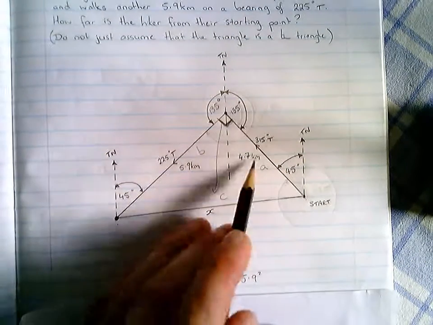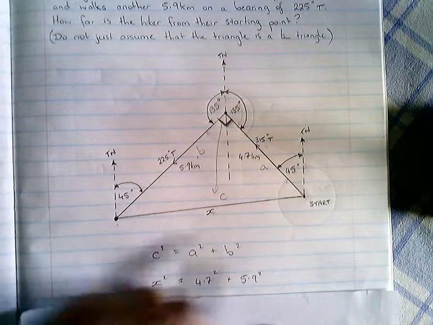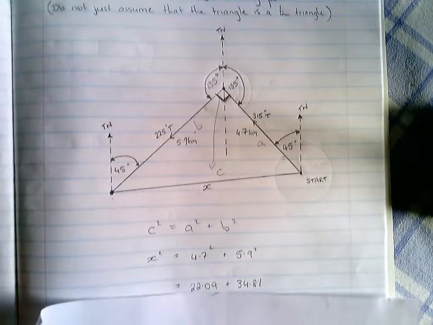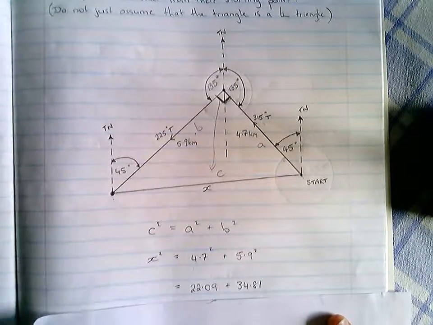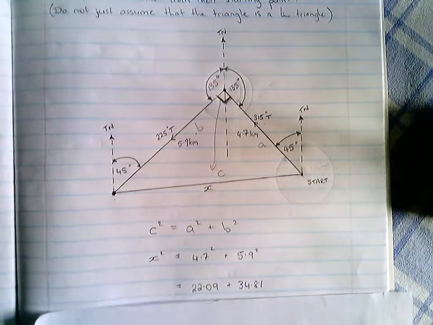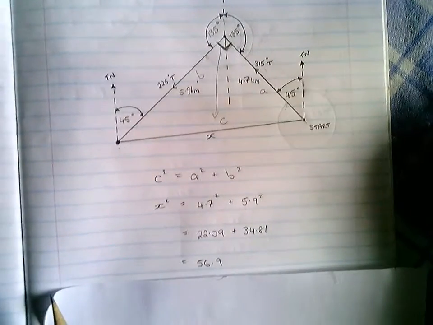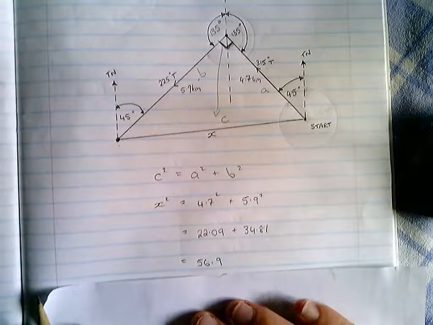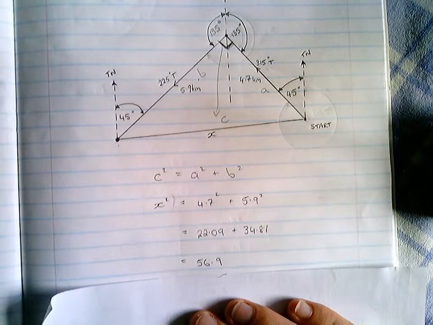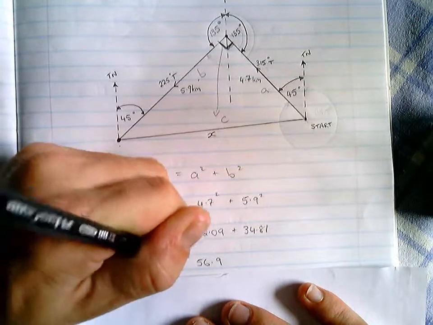So substituting in for a and substituting in for b into Pythagoras' theorem, we get this, and then expanding what we have on the right hand side, we get these two values, which we then need to add together, giving us a value of 56.9, which we then need to square root in order to get x just by itself, because we need to remember that this is still all x squared.